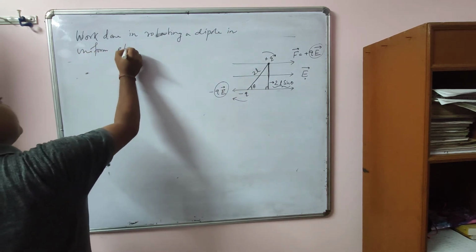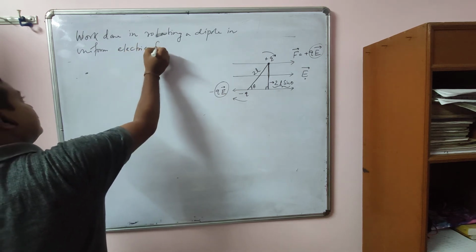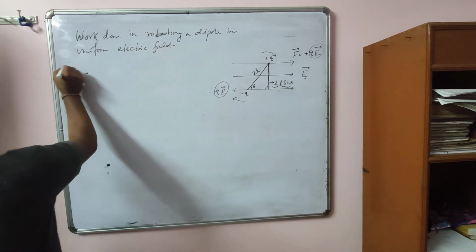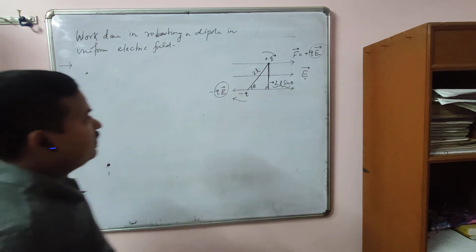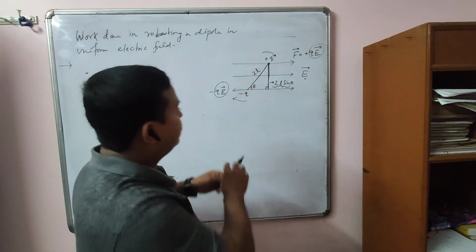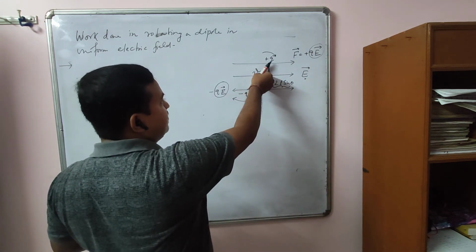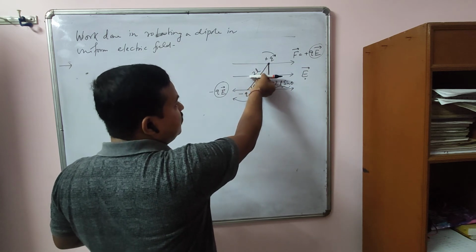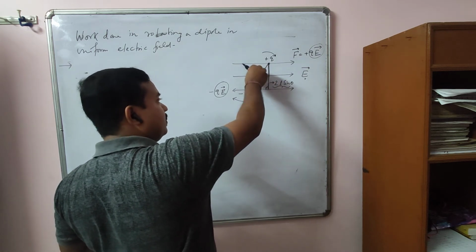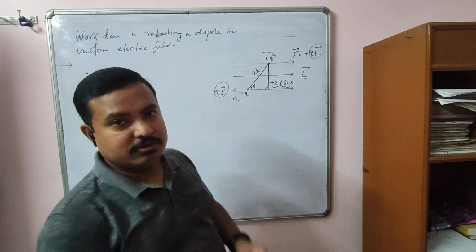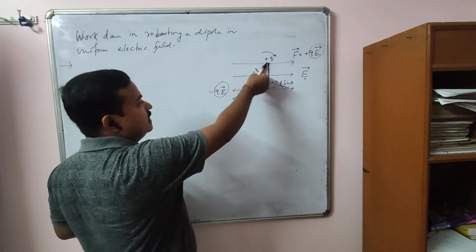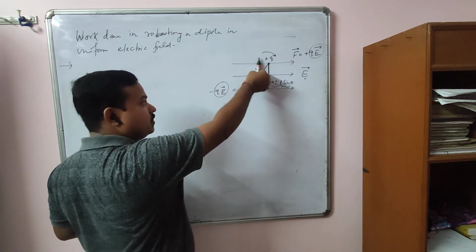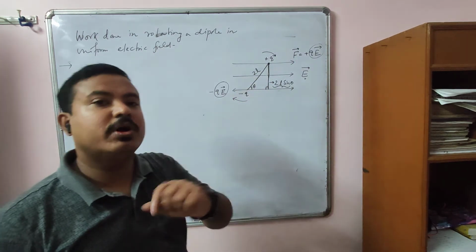You have to find out work done. Okay, now here you see, due to torque, the dipole tends to rotate along this direction. Now if you want to rotate opposite to the torque, you will do some work. The dipole is rotating along this, but if you want to rotate opposite to the torque, you have to do some work. That work you have to find out.